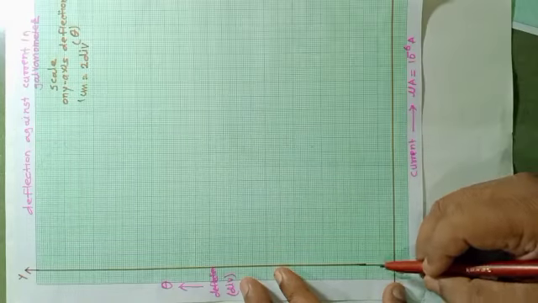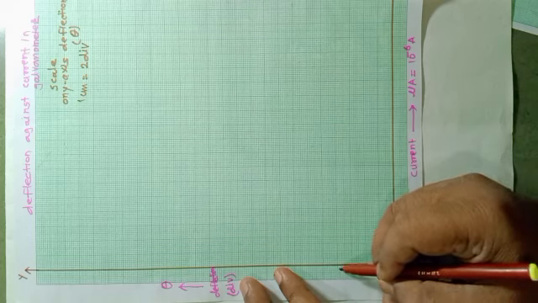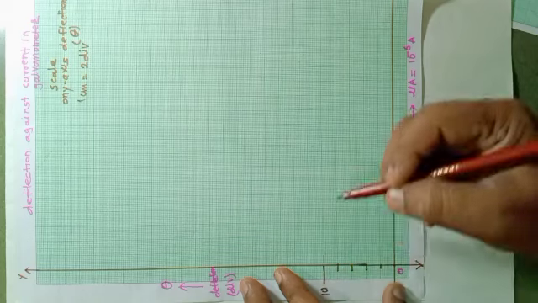So here 2 division, 4 division, 6 division, 8 division, and this is 10 division.